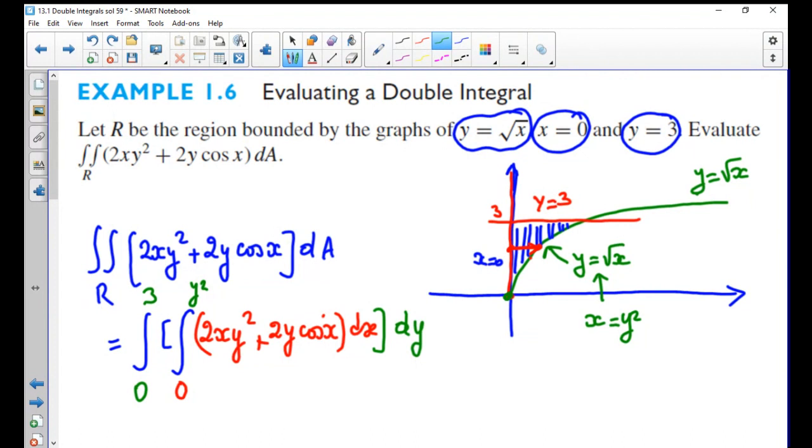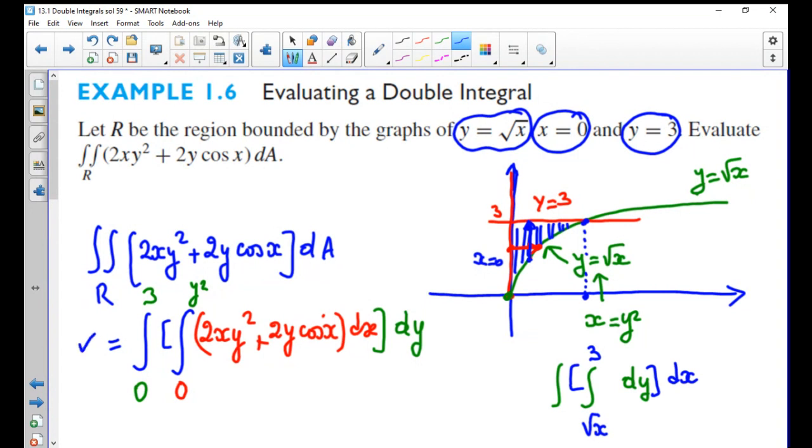You can also integrate with respect to y first. That's also fine. But if you integrate with respect to y first, then it has to be in this direction, from y equals square root of x to y equals 3, and then you integrate with respect to x, so you have to find this point here.